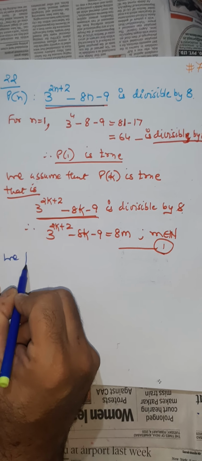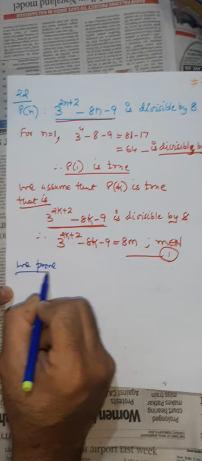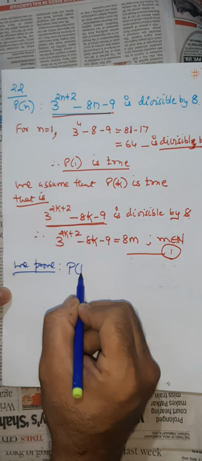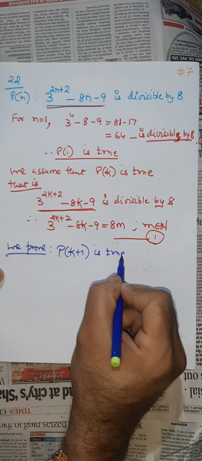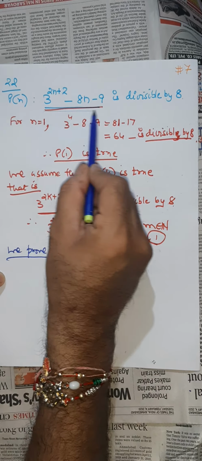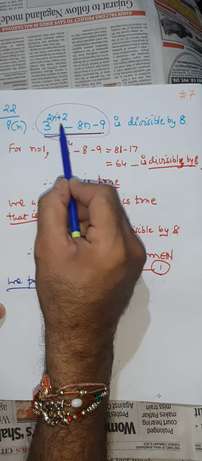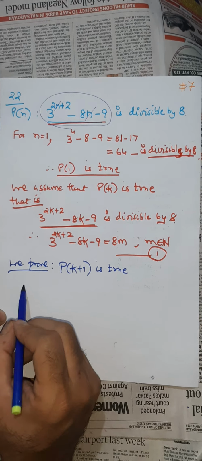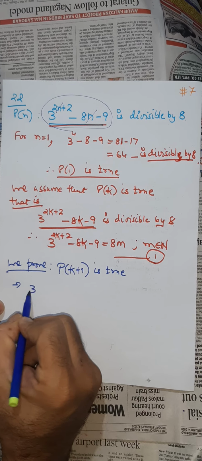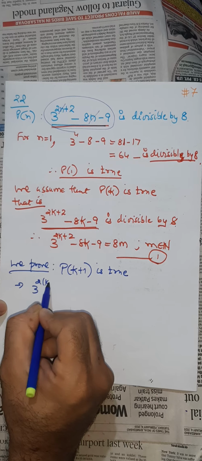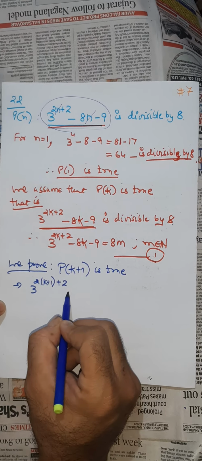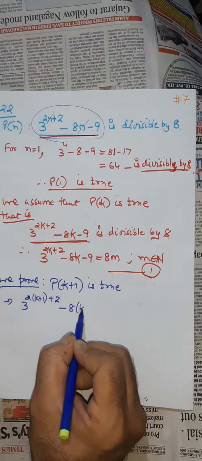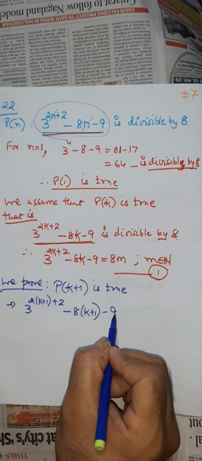So now we prove p of k plus 1 is true. In this statement, instead of n we put k plus 1. So we have 3 raised to 2 into k plus 1 plus 2 minus 8 into k plus 1 minus 9.